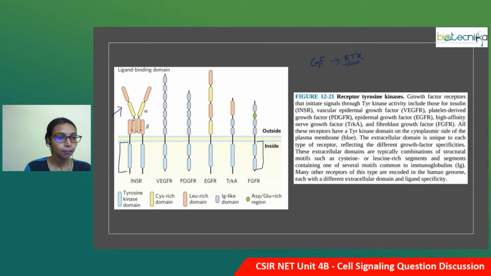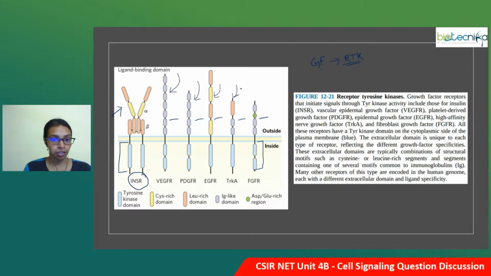For the insulin receptor INSR, you are having a dimeric receptor. It's already present as a dimer, but the others exist in the form of monomers. But when a ligand comes and binds over here, it will undergo dimerization.